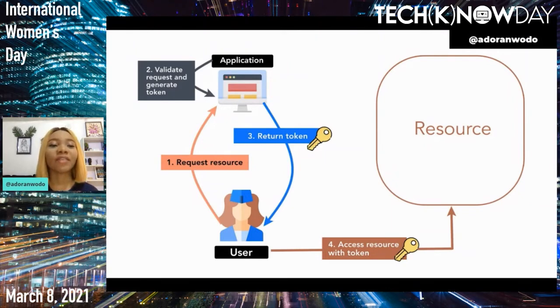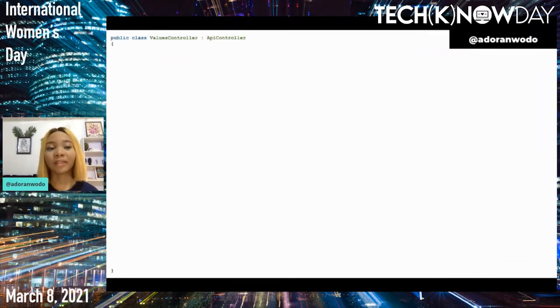The application validates the request, generates a token and returns that token to me. With that token, I now have access to the storage account, and I can get the resource that I want.